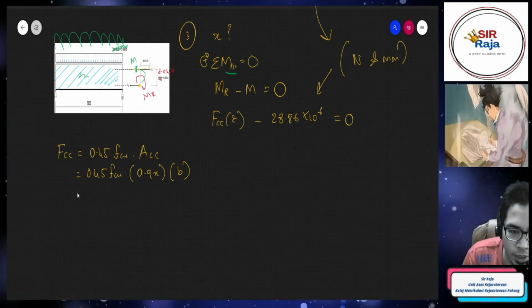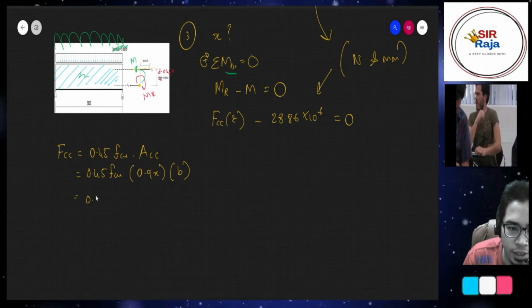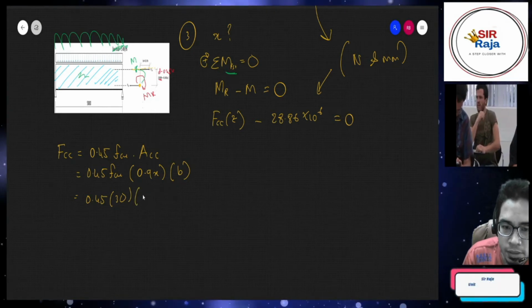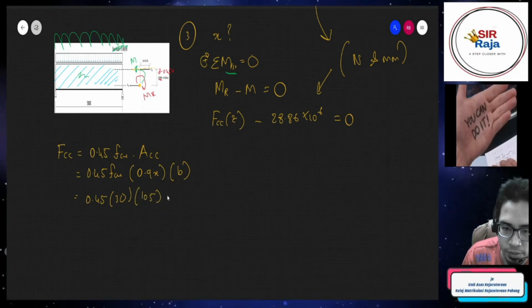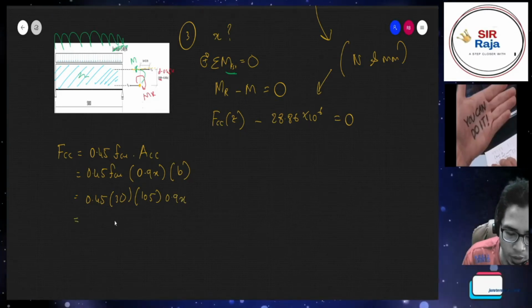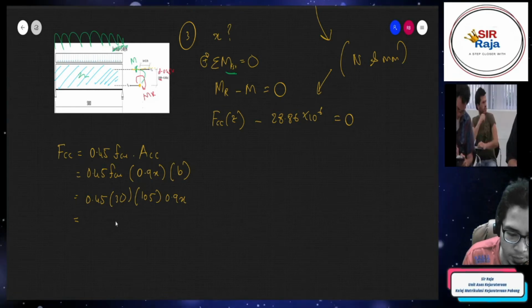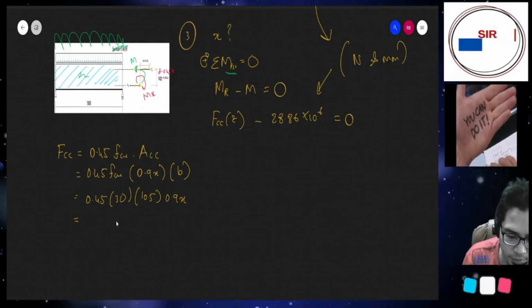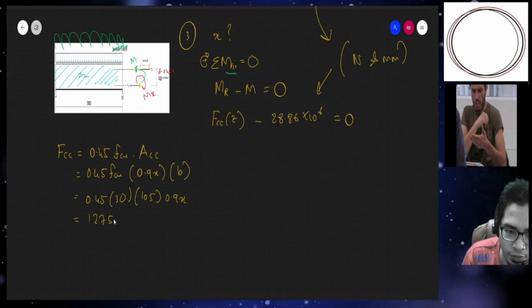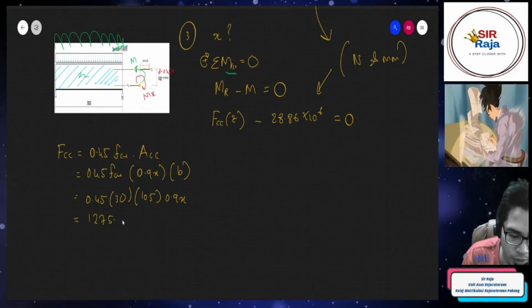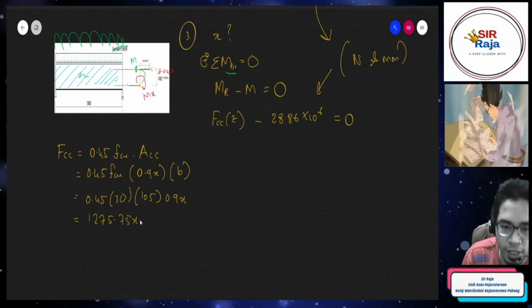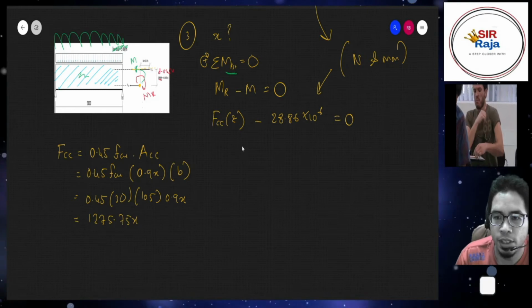So here we're going to get FCC 0.5 FCU, which is 30, and the B is 105, and then times with 0.9x, we're going to get this one as 1275.75x, right?